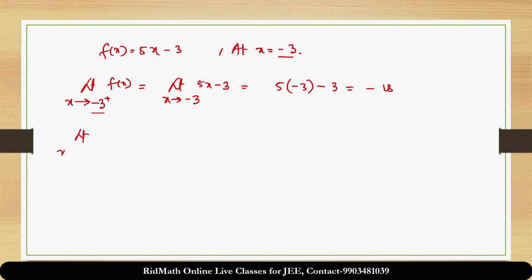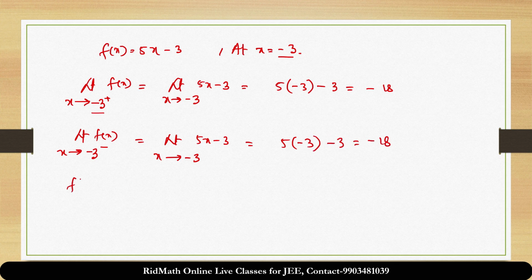And also limit x tends to minus 3 minus f(x) equal to limit x tends to minus 3 of 5x minus 3. That means equal to minus 18. And f(minus 3) is also equal to minus 18.